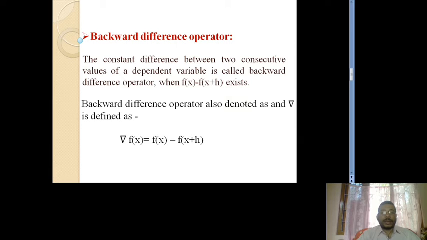Here it is very clear that the backward difference operator and forward difference operator are just of reverse order. In case of the forward difference operator, we take the difference f of x plus h minus f of x, and in case of the backward difference operator, we take the difference f of x minus f of x plus h.